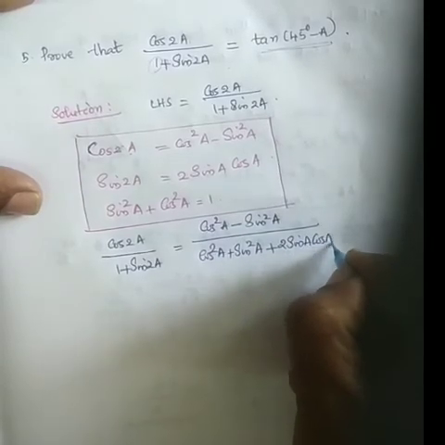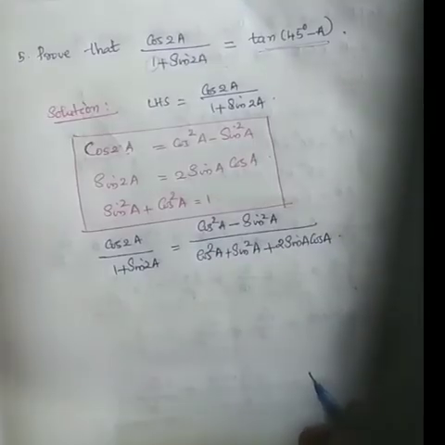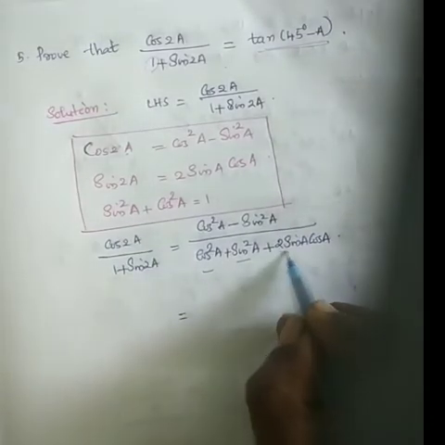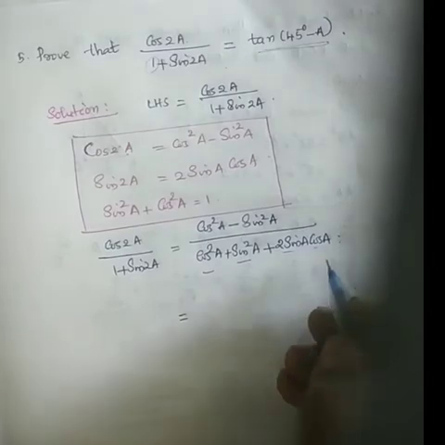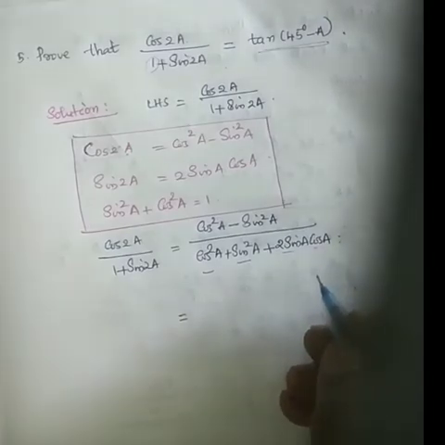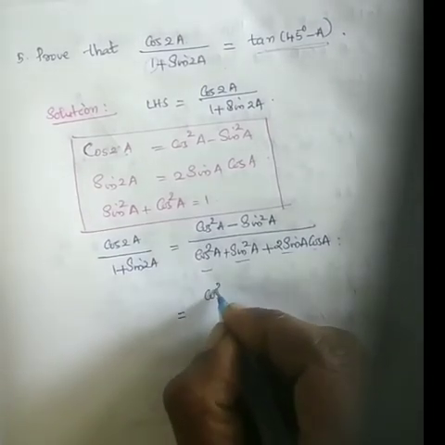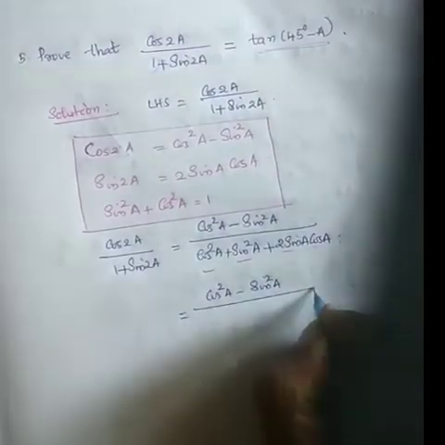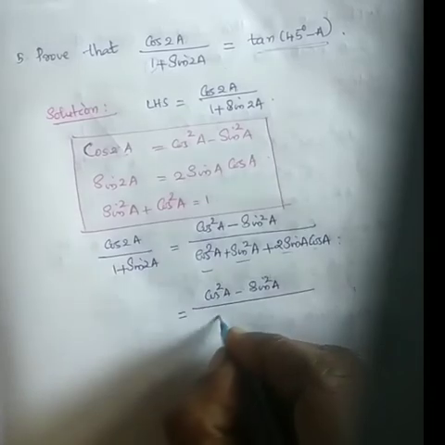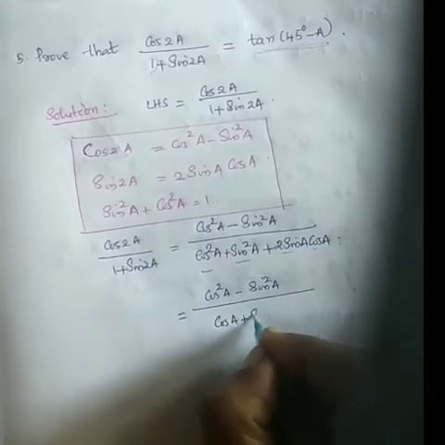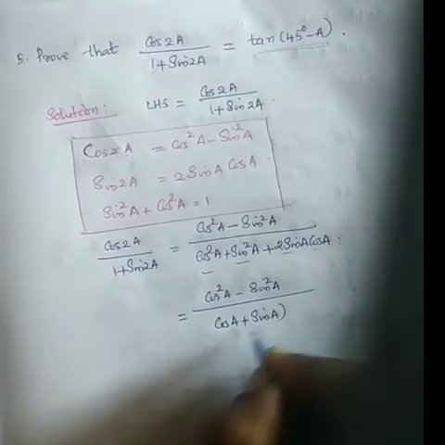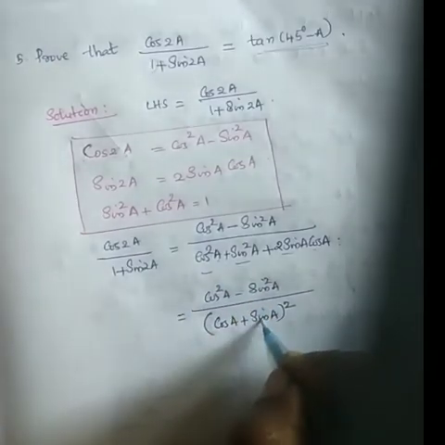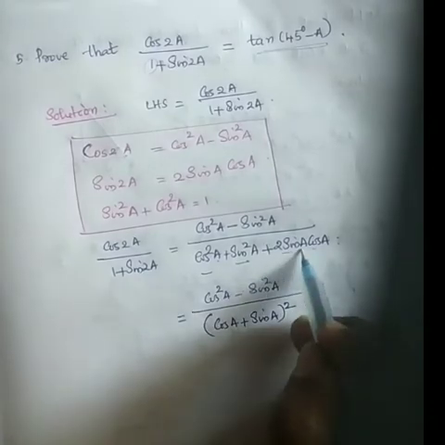Okay. See, the denominator is of the form a square plus b square plus 2ab. That is a plus b the whole square form. Numerator is cos square a minus sin square a, divided by the denominator becomes cos a plus sin a the whole square. That is cos square a plus sin square a plus 2 sin a cos a.